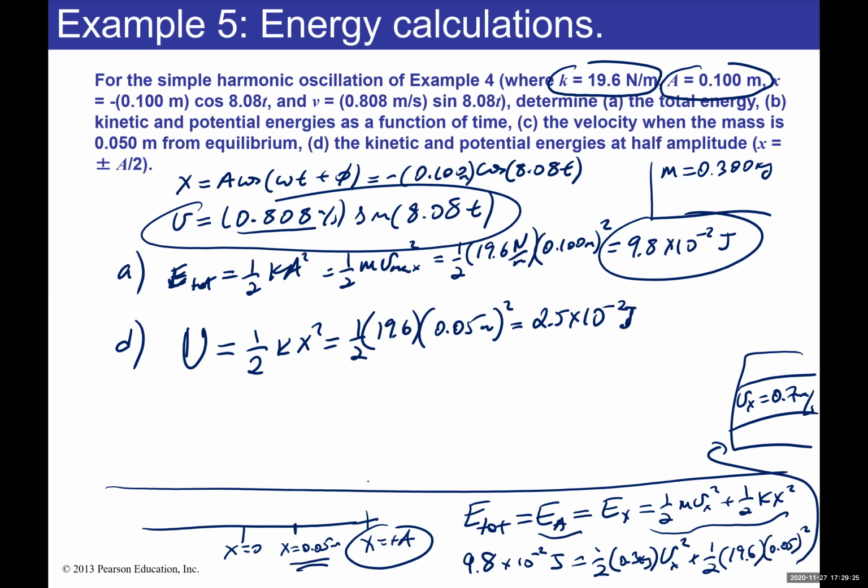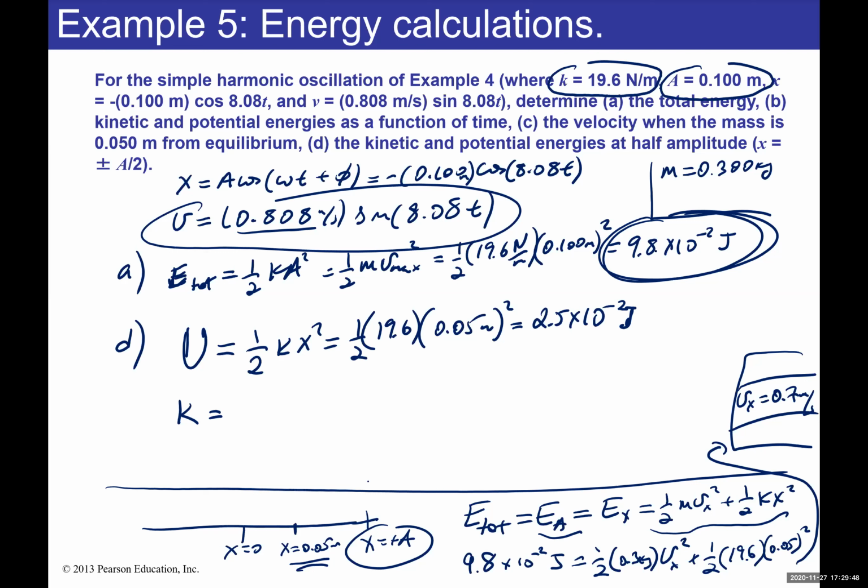Now, how about kinetic energy for that position? I've seen sometimes students wrongly assume that if it's half the amplitude, that means kinetic energy should be half, or basically exactly the same as the potential energy, so the total energy will be exactly half kinetic, half potential.